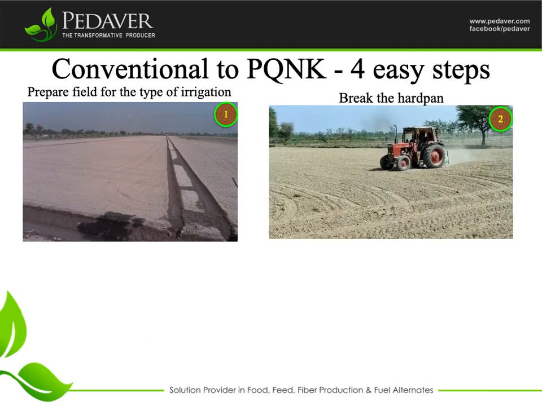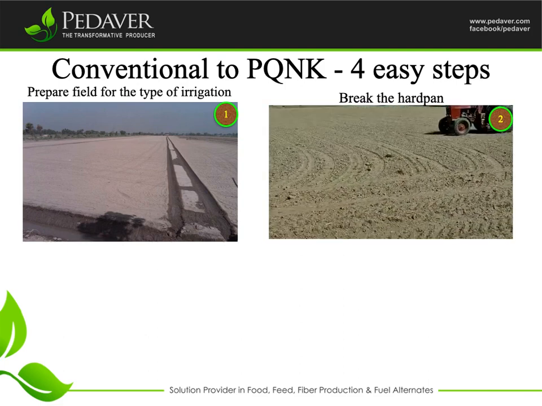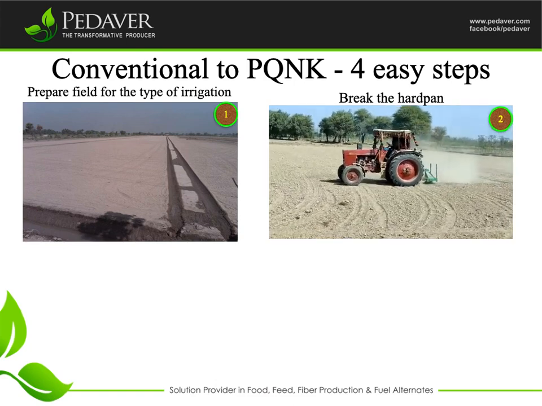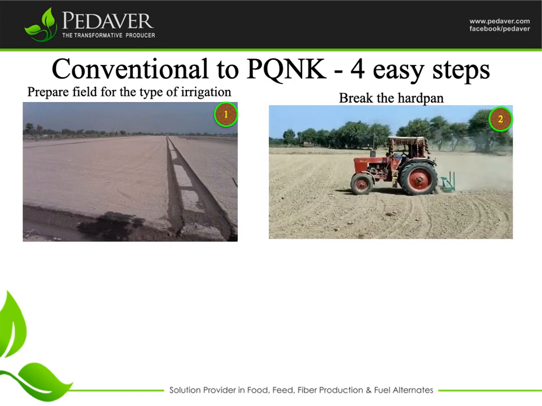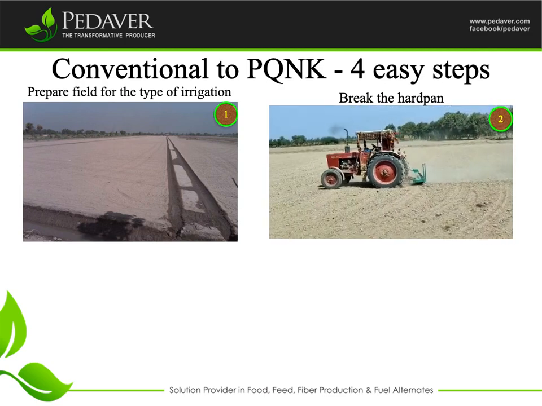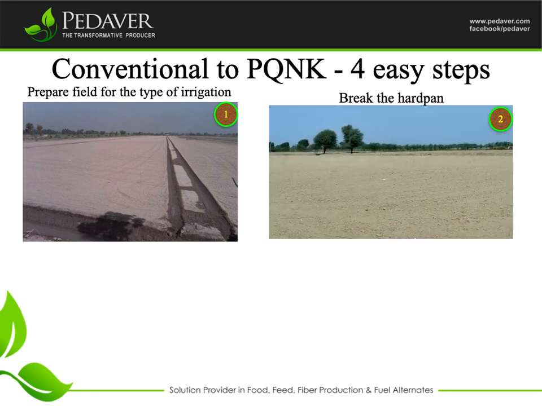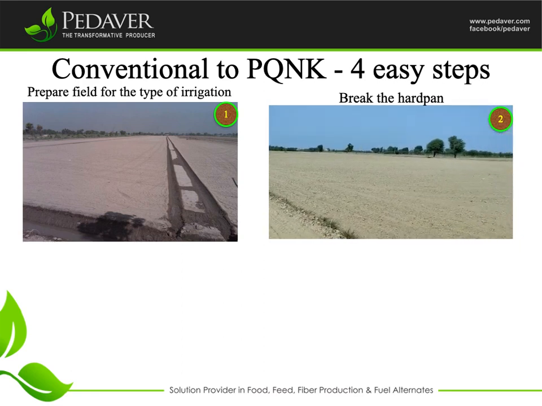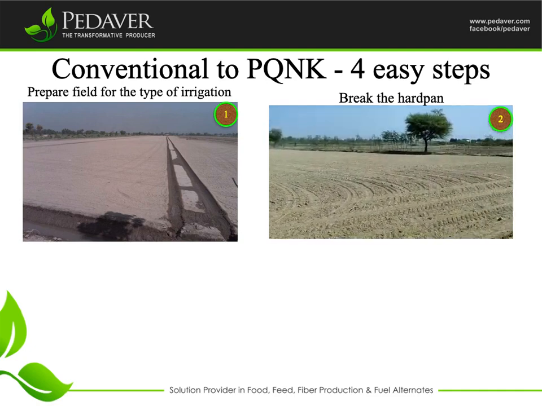Number 2 is that by use of heavy machinery, passing it through time and again, we have developed a hard pan below the surface, because the top 6-8 inch of soil is pulverized through different machines, different ploughing equipment.